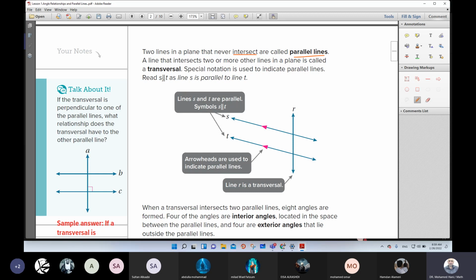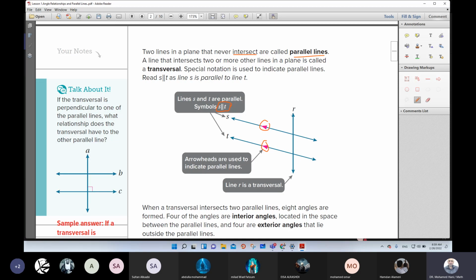Like in this case, S and T. When you see this sign, it means the two lines are parallel. So lines S and T are parallel. S is parallel with T.